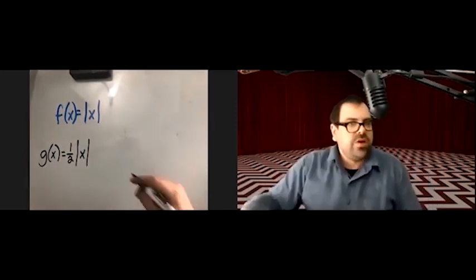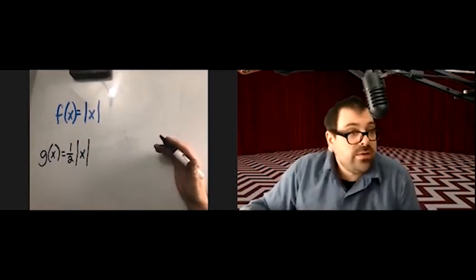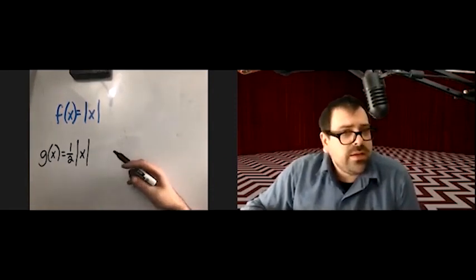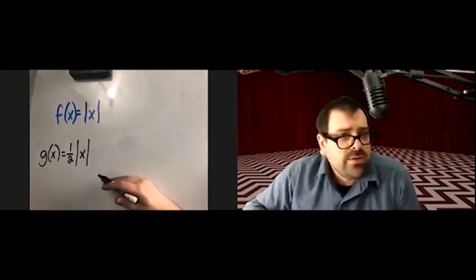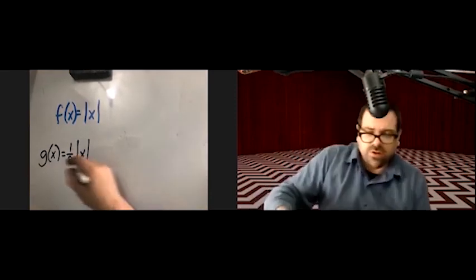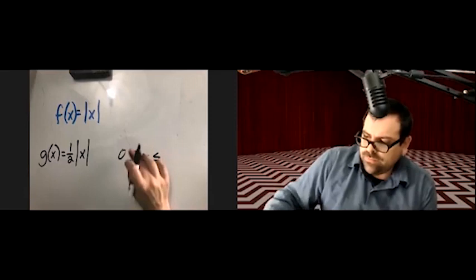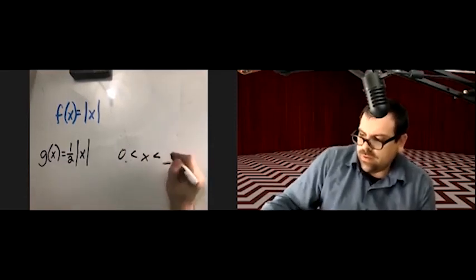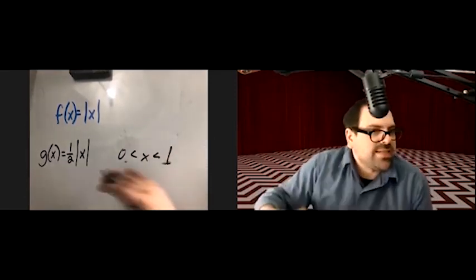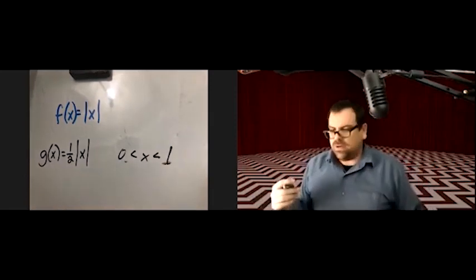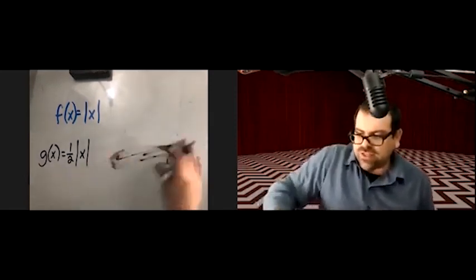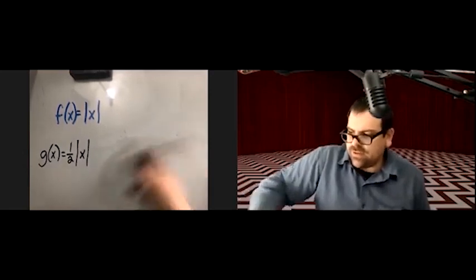So instead of a number greater than 1, but still positive, let's have a number less than 1, but still positive. So in other words, a number between 0 and 1, less than 1, but greater than 0. In other words, our proper fractions.